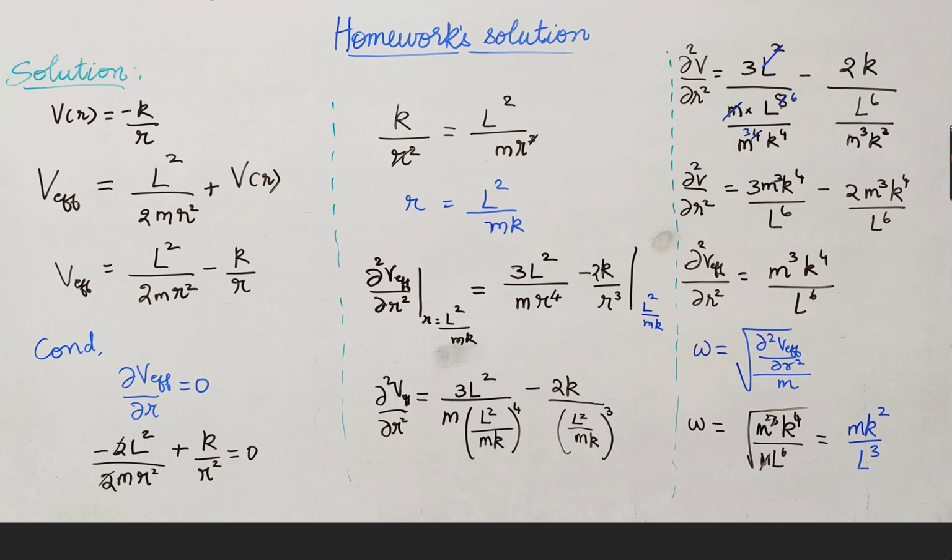So I'm going to differentiate again and substitute my r value. And after substituting, I get my dou square V effective by dou r square value to be m cube k power 4 by L power 6. So on finding the angular frequency omega, I get my omega to be mk square by L cube, which is option B. So I hope you all got this answer.